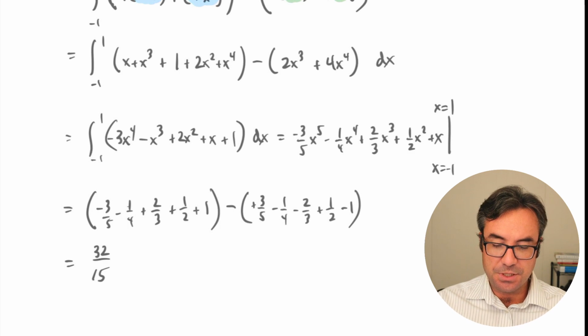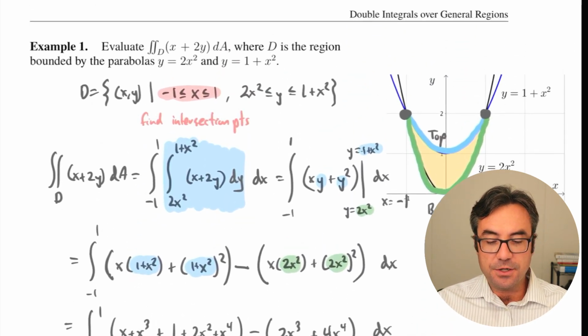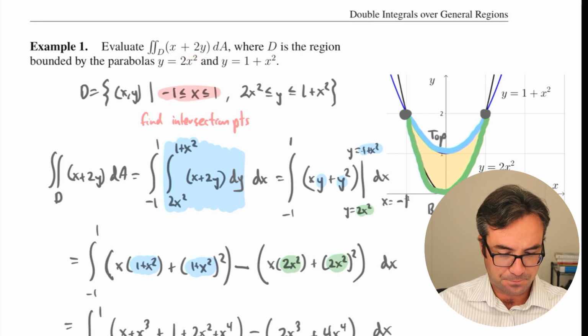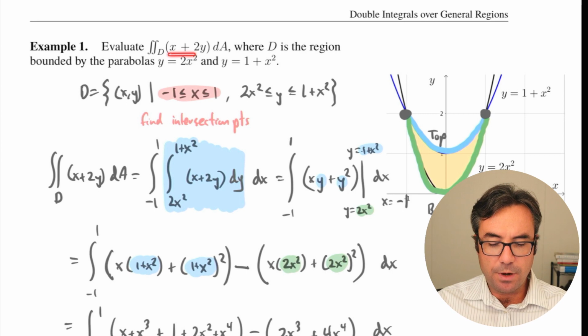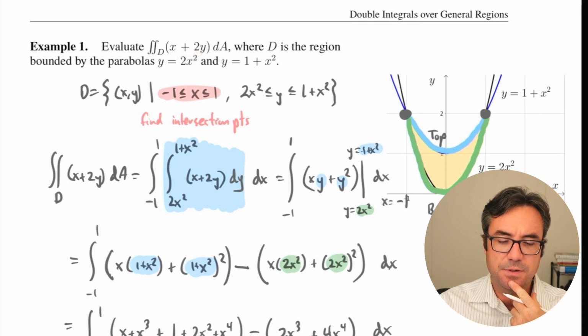Now, just to pop back up here, our function x plus 2y, we were able to integrate this function over this bounded region. Just thinking here, is this function positive on the region? It might not be.